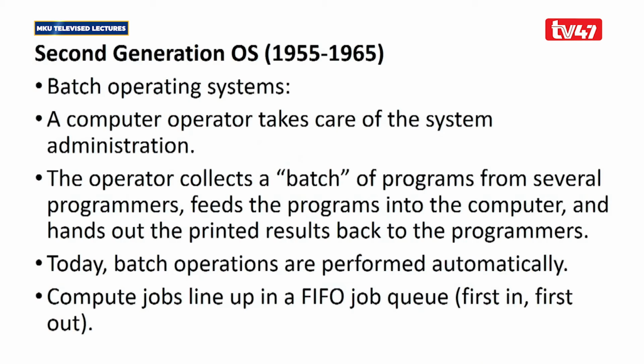Today, batch operations are performed automatically. Back then, you had to do it manually, and computer jobs line up in a FIFO, first in, first out, job queue. Whatever job comes first is what will be executed first.